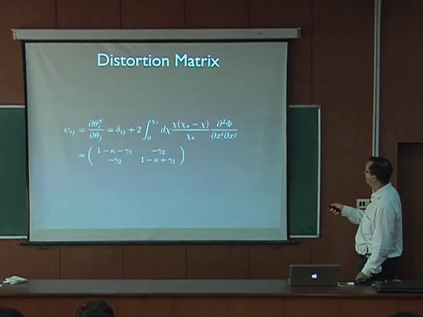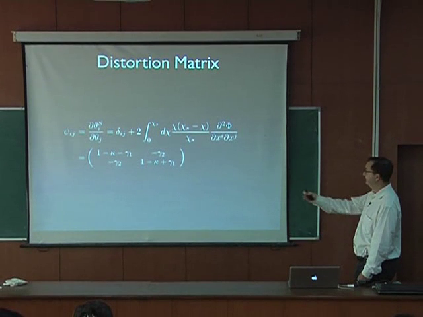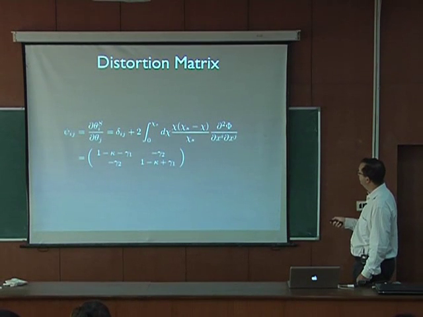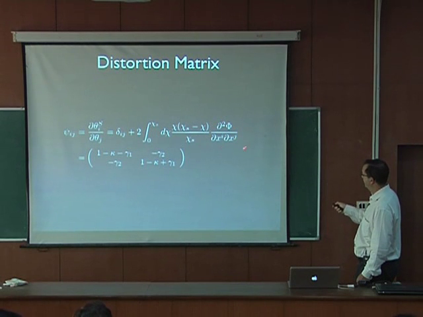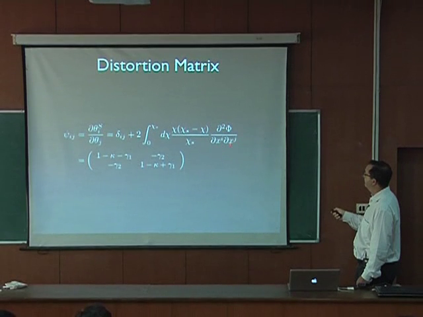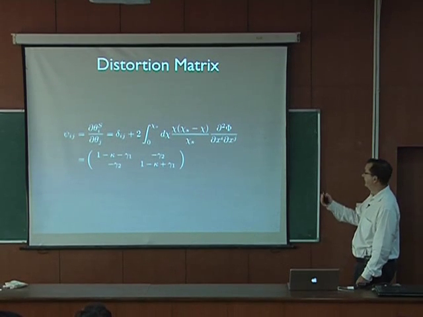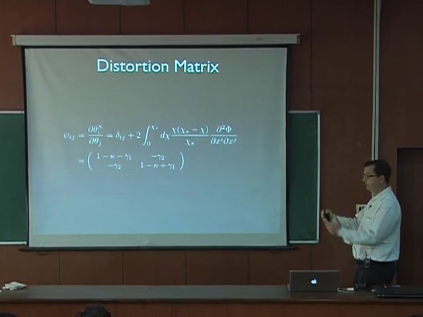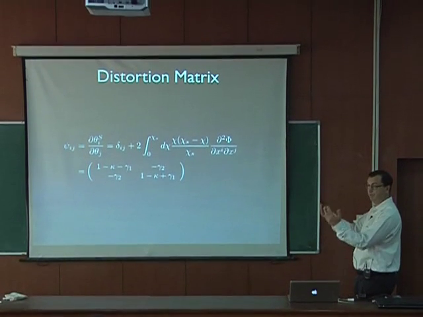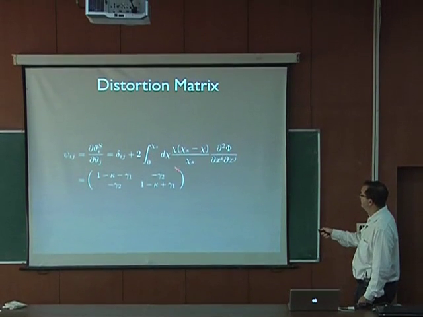And this term can be written as the integral along the line of sight variable of the second derivative of the potential. And these derivatives are transverse derivatives, perpendicular to the line of sight, so along the plane of the sky, times these geometrical factors.